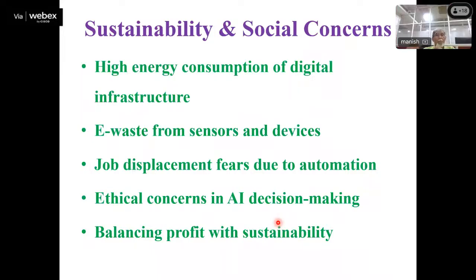Then the social concerns and sustainability. These are the other important challenges. Many of you might be knowing, people, specifically the people who are working in the computer hardware industries, are quite aware that minimization of energy usage for a particular computational job is one of the major research areas.